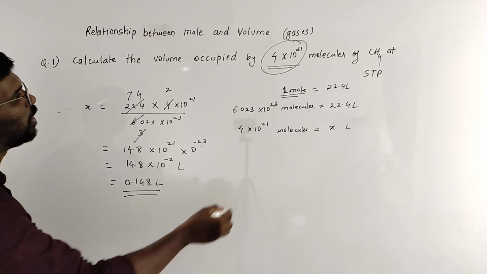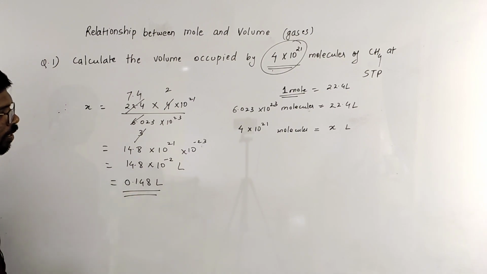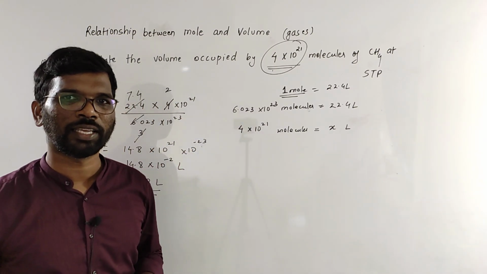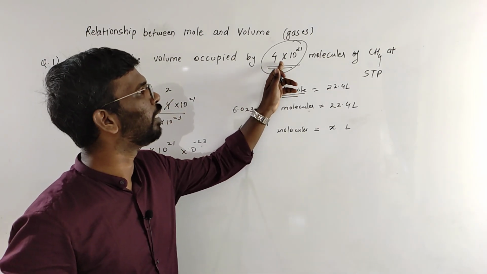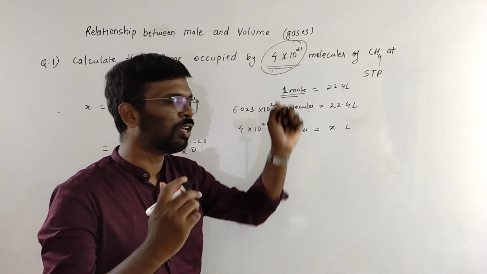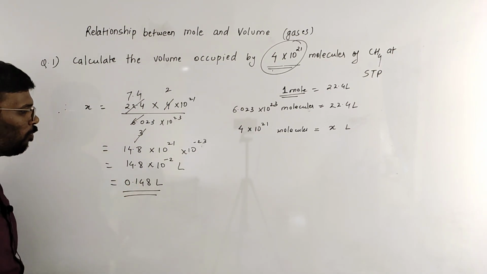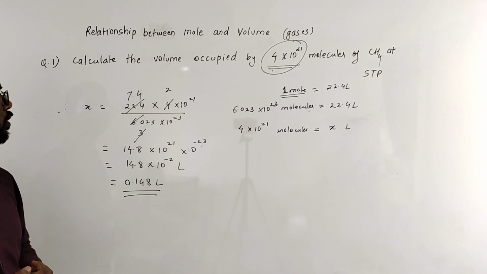Obviously, 6.02 into 10 raised to 23, which is a bigger number, will occupy 22.4 liter. This is smaller, 4 into 10 raised to 21, so it should occupy less volume than 22.4. So it is 0.148 liter.